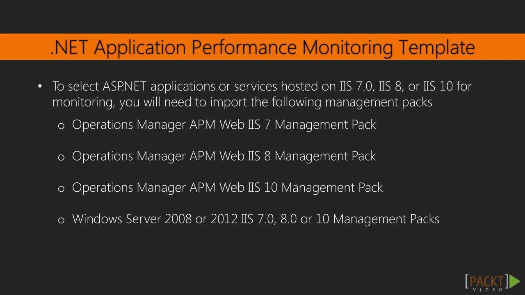These APM Web IIS management packs and the ones for the server are actually on the media in the management pack folder. So you would just import them prior to setting up your .NET Performance Monitoring.